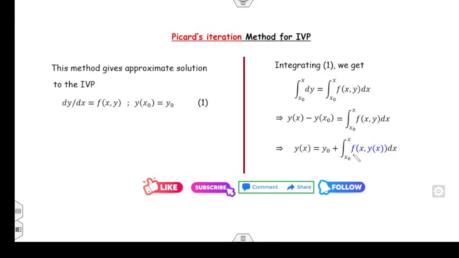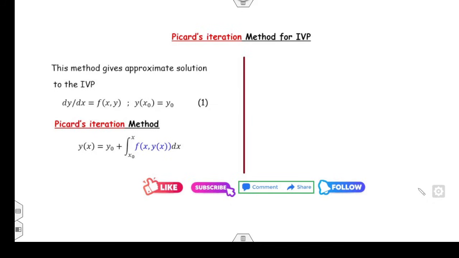Make sure, students, that since we are applying these methods, the exact or explicit form of the function f is not given to us, or we never know how to find the function f of x comma y. In that case we will apply approximations. How can you do the approximation?